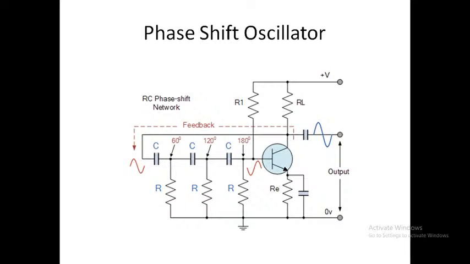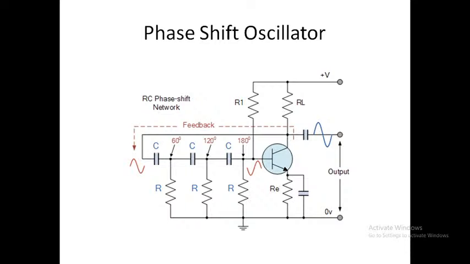So there is no R2 resistor. Instead of that resistor, we can see there are three RC sections, that is resistor capacitor sections. There are three RC sections, and you can see 60 degrees, 120 degrees and 180 degrees written over there.